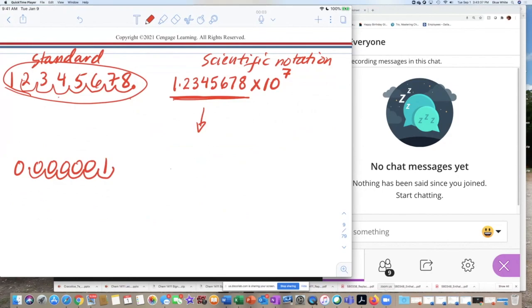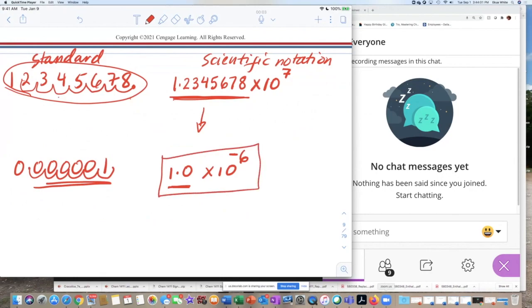And I end up with 1 point, and you can write it like this, okay, times 10 power. I moved the decimal 6 spots. But since my coefficient number is greater than the original number here, I'm going to put a negative here. So that when you input this in your calculator, if your calculator, like mine, is not set to scientific notation, it will actually give you this number right here.